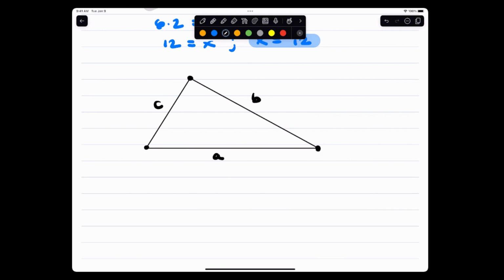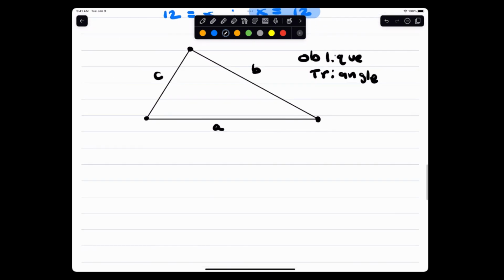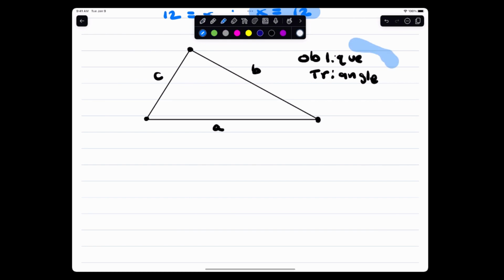Now, what you're looking at is something called an oblique triangle. So I want to introduce you to an oblique triangle. Does anybody know from geometry what in the world is an oblique triangle? Because you're looking at it.